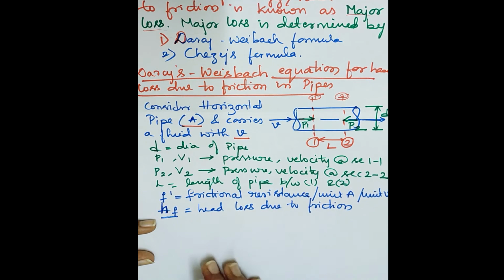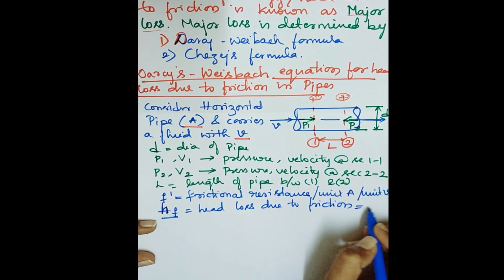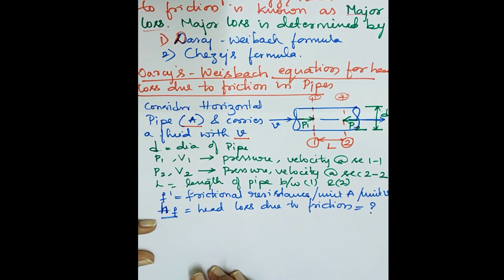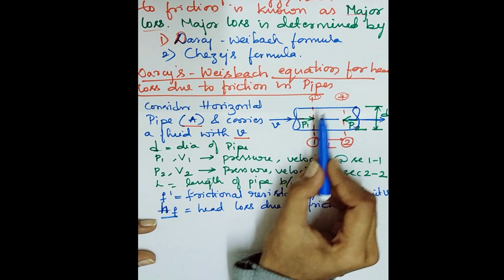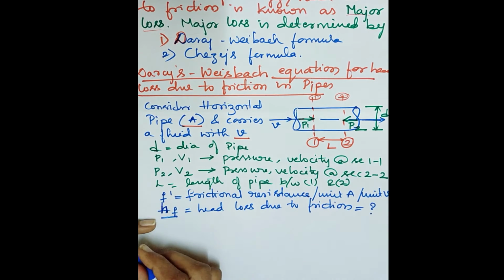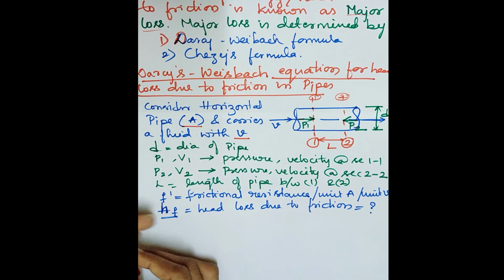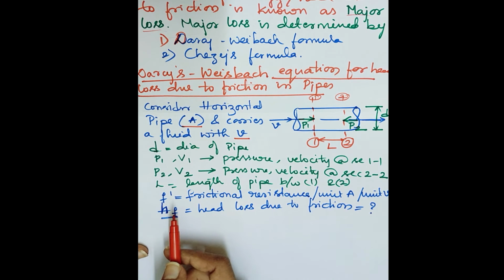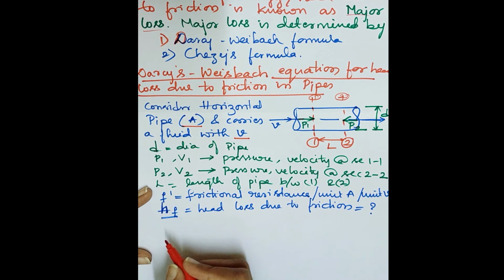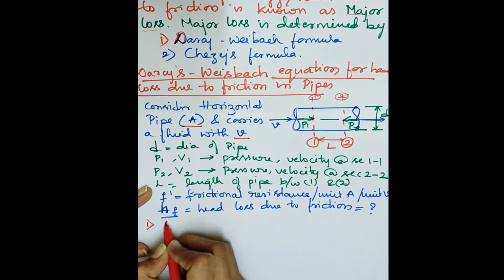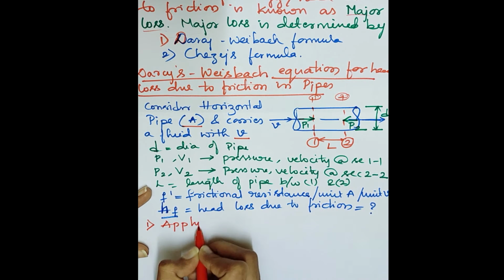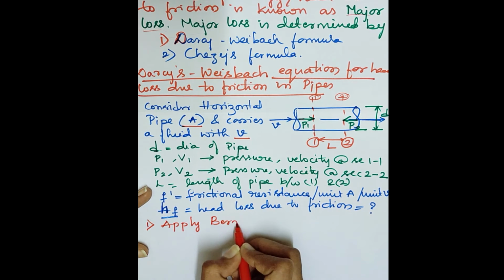So HF is the head loss due to friction, and we are going to obtain the equation for this HF. For the section 1 and section 2 we have considered, the first step is to apply Bernoulli's equation.